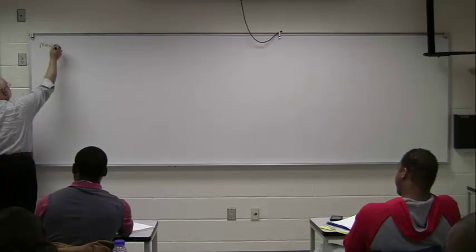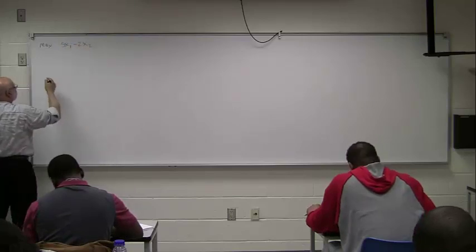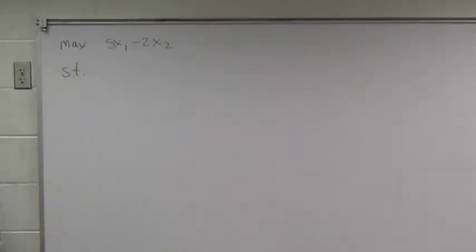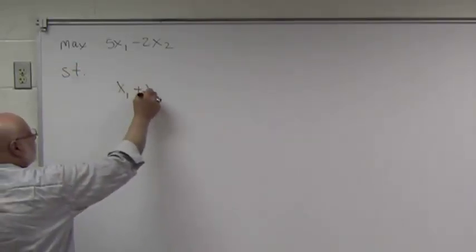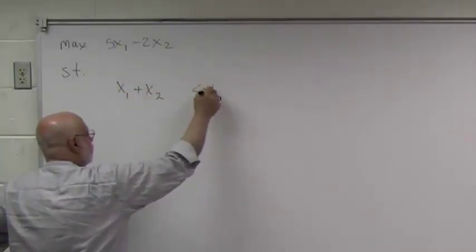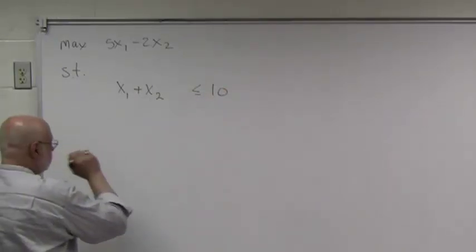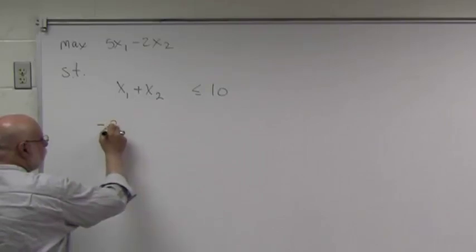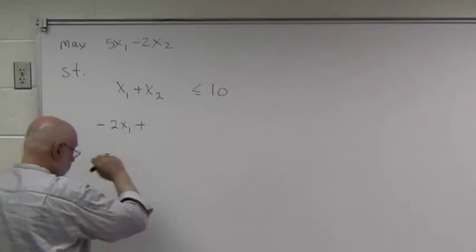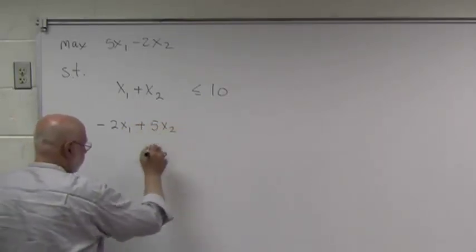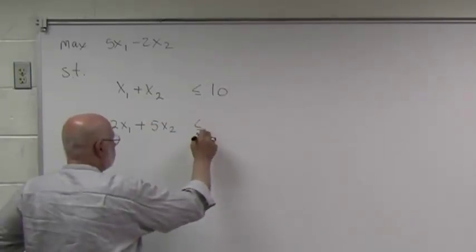We're going to maximize 5x1 minus 2x2, subject to x1 plus x2 less than or equal to 10, and minus 2x1 plus 5x2 less than or equal to 10.